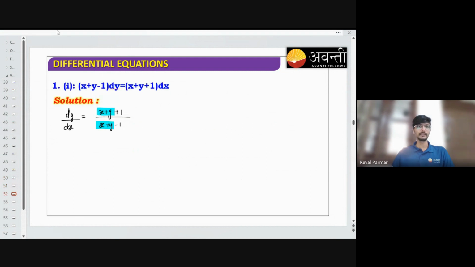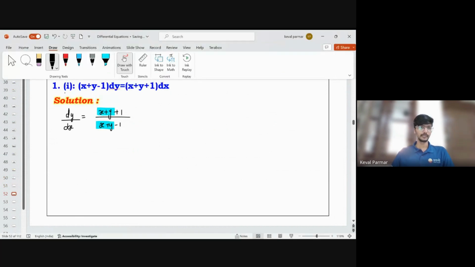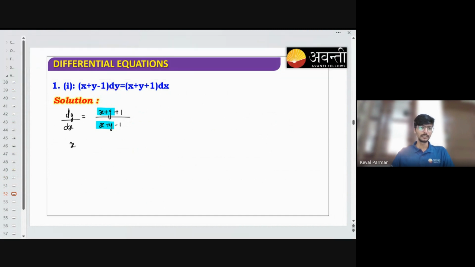So here, we'll substitute x plus y equals to t. So if I differentiate with respect to x, I'll get 1 plus dy over dx is equal to dt by dx. Obviously, this has been going on since the days of integration, right? Whenever we substitute, we always need to differentiate.